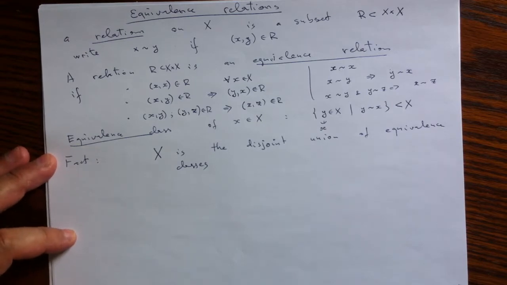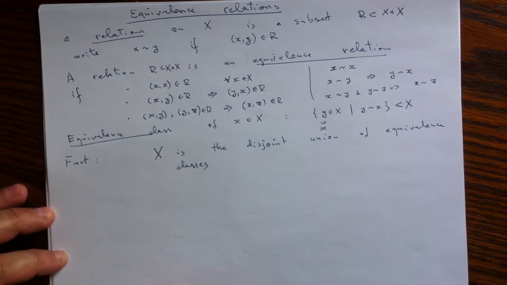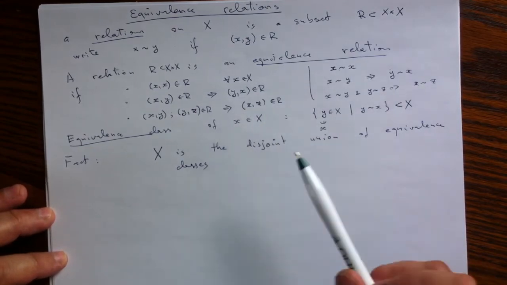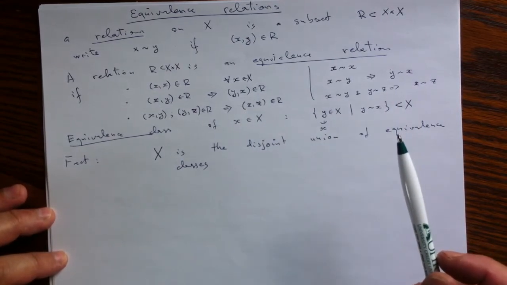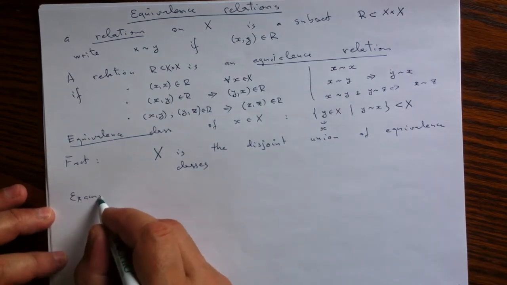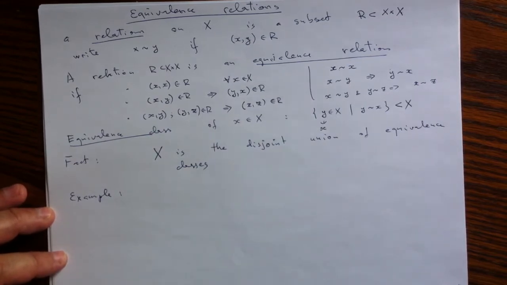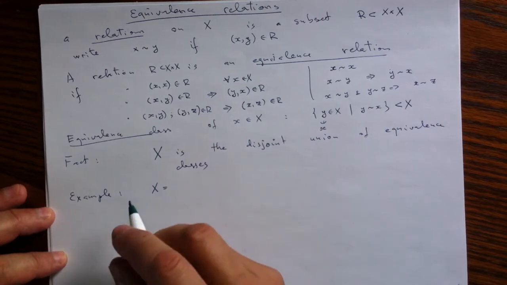I'm not going to go into examples of concrete equivalence relations. Rather, I will do an example illustrating how restrictive these three properties are for a relation. So that will be an example of counting the number of equivalence relations compared to the number of all relations. So let's look at not one element, that would be too trivial, but a two element set.